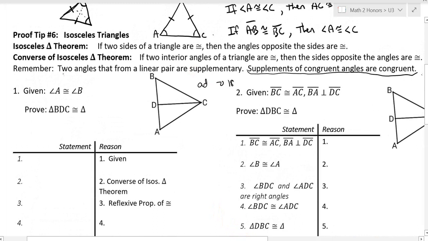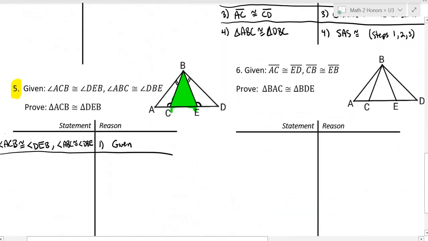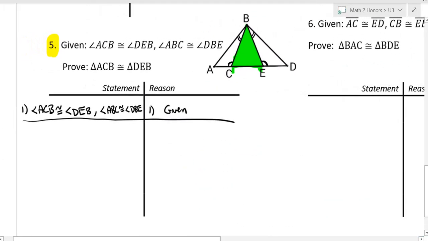Two angles that form a linear pair are supplementary, and supplements of congruent angles are congruent. So here's my statement. And I'm going to put in some numbers here. I'll call this angle 1, angle 2, this will be angle 3, and angle 4.